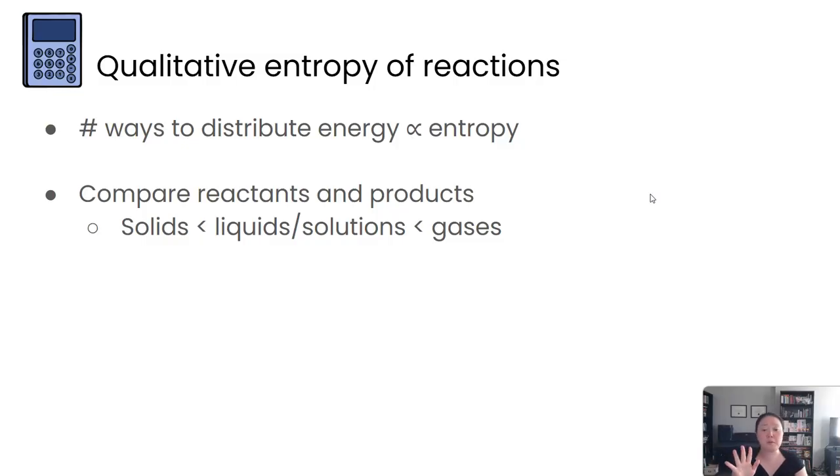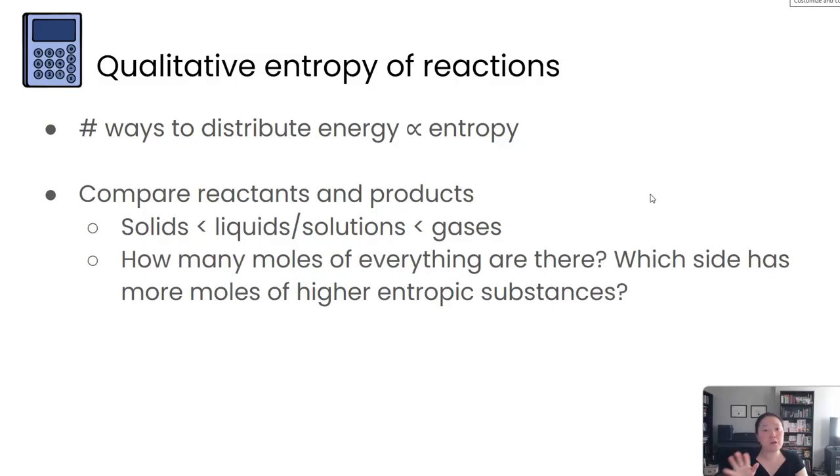Now, something for you to keep in mind in terms of solutions is remember that if you have a highly soluble ionic compound in solution, it is going to dissociate into its ions, and keep an eye on the number of those as well. Because if all things are equal, in that it's all solids on one side and all solids on the other side, or all gases on one side and all gases on the other side, you want to take a look at how many moles of everything there are.